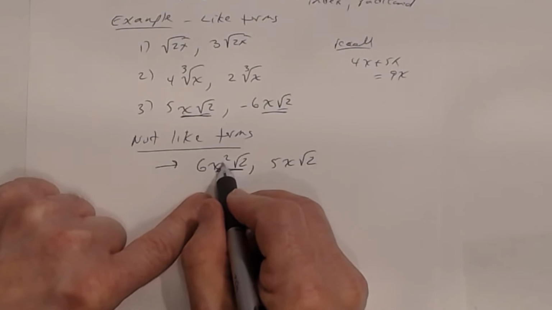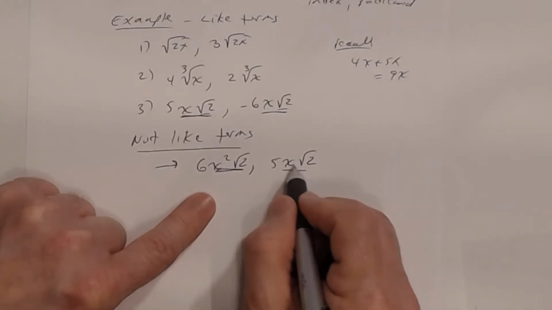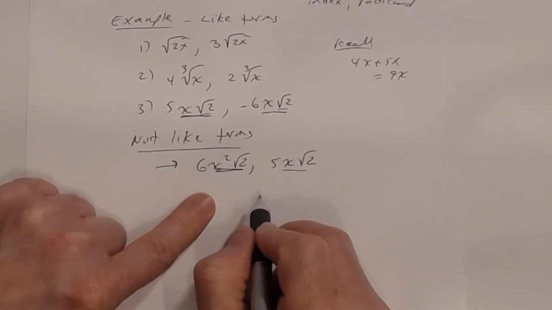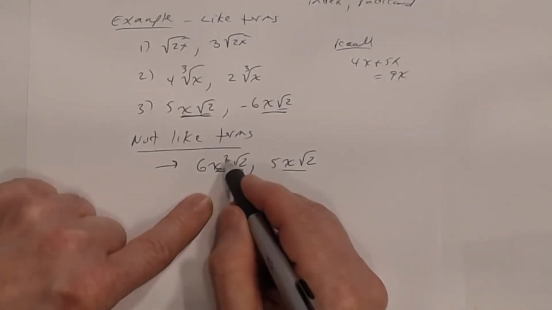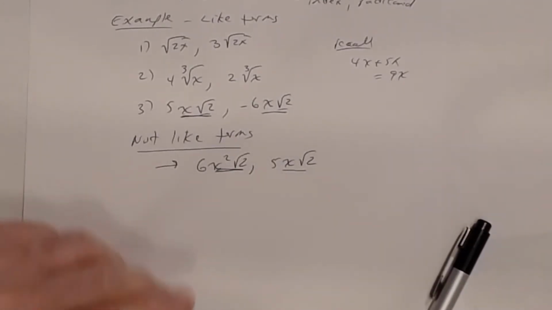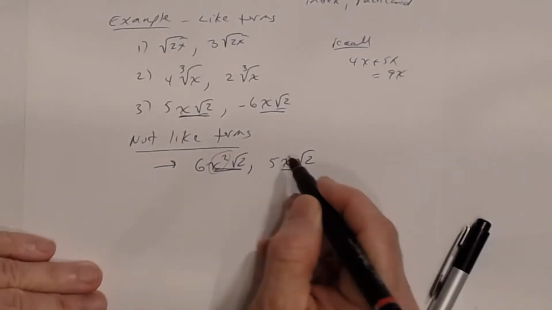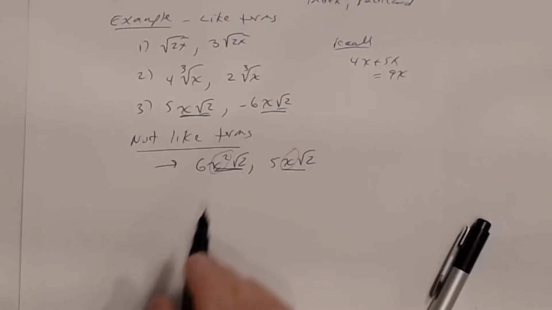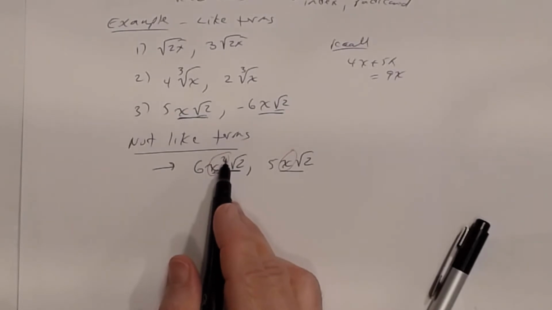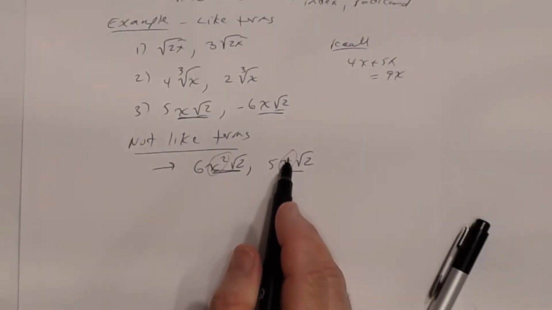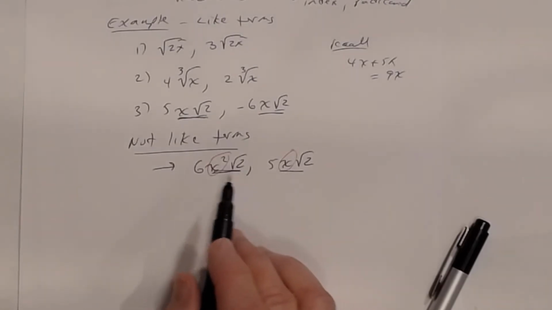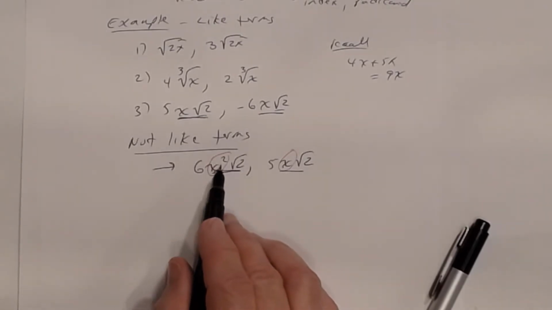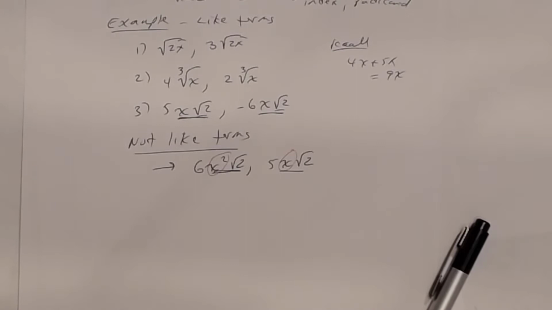This is x squared, but over here, that's just x to the first, so that's not the same. What makes those not like terms is this x squared and this x. This x has exponent 2, this x has exponent 1. Doesn't matter that they both have square root of 2. Those are not like terms, for that reason.